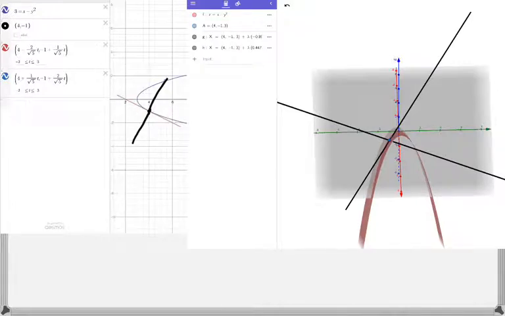And then in 3 dimensions, what I did for the 3 dimensions is I also added in a 3. So that gives us the height of 3. And you have your tangent line and your normal line. Okay, so that's what we're finding there.